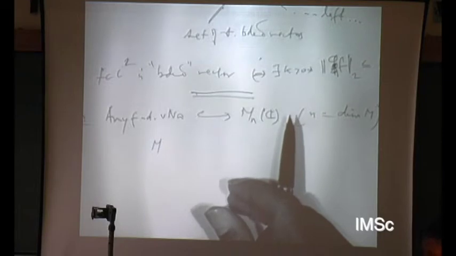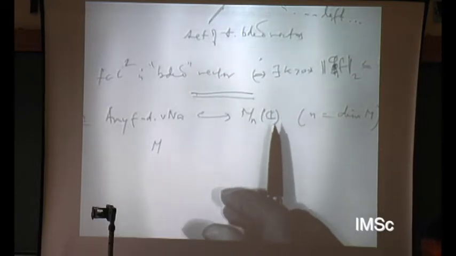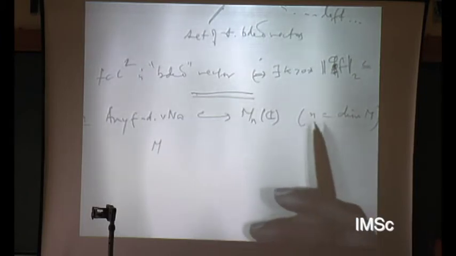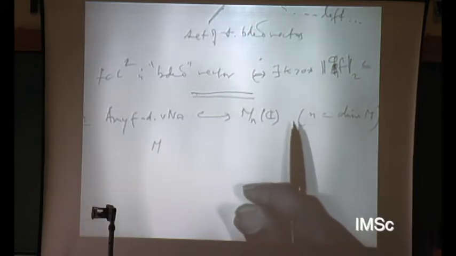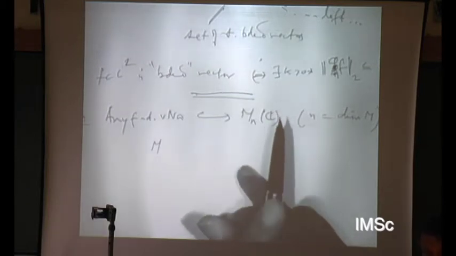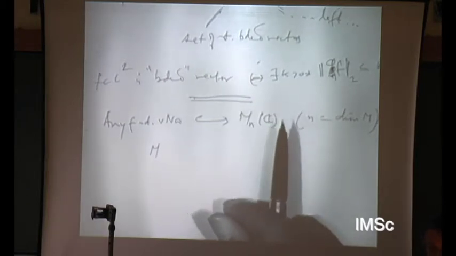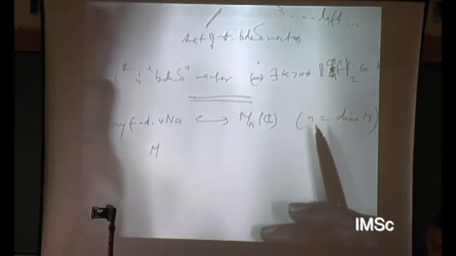So I look at the action of M on, you take a basis of M. M acts on M itself by left multiplication. But how do I get a star representation on this?